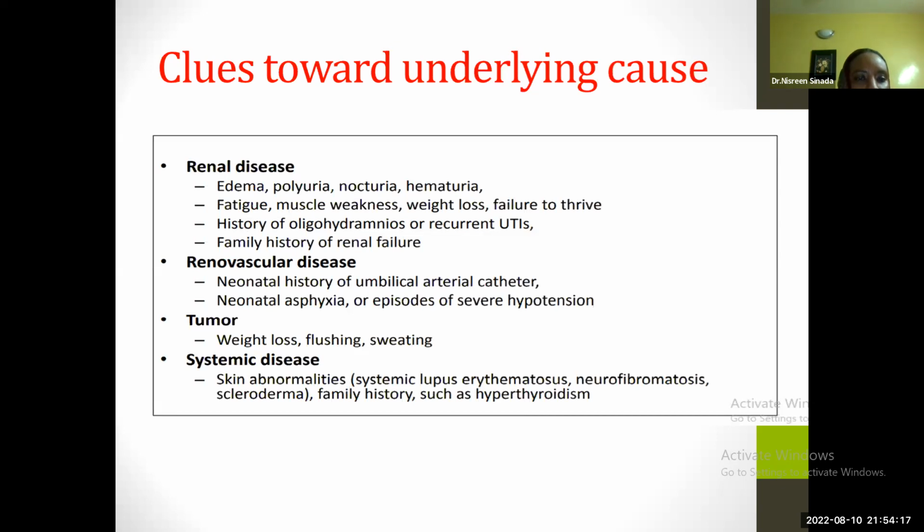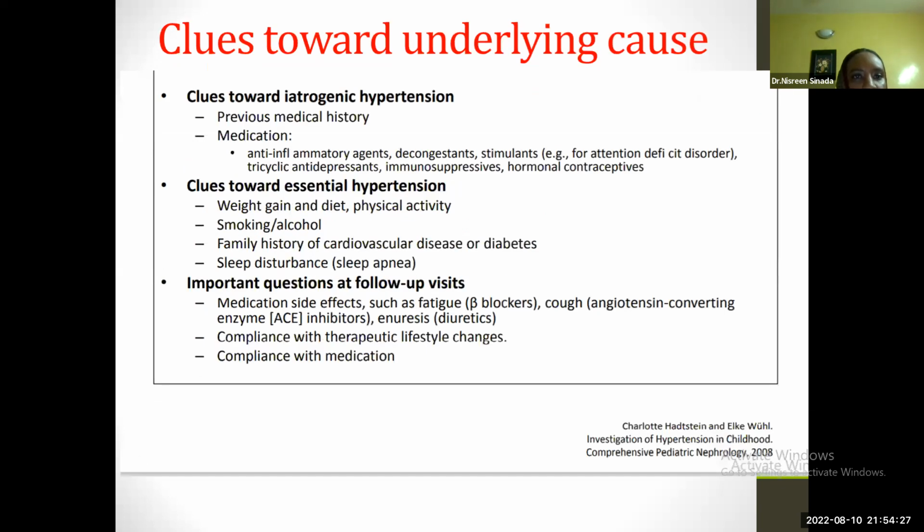And don't forget the skin abnormalities in systemic lupus erythematosus, neurofibromatosis, and scleroderma, and family history such as hyperthyroidism. Also, the clues of essential hypertension, like weight gain, diet, smoking in teenagers, family history of cardiovascular disease, and sleep disturbance, like sleep apnea.